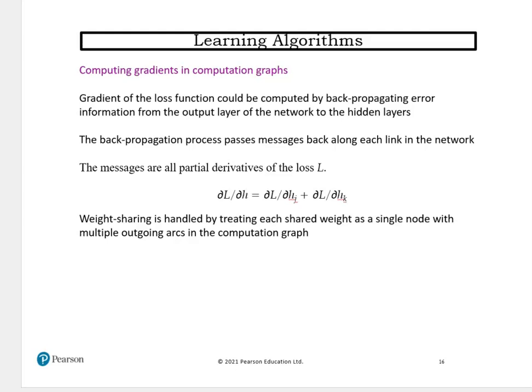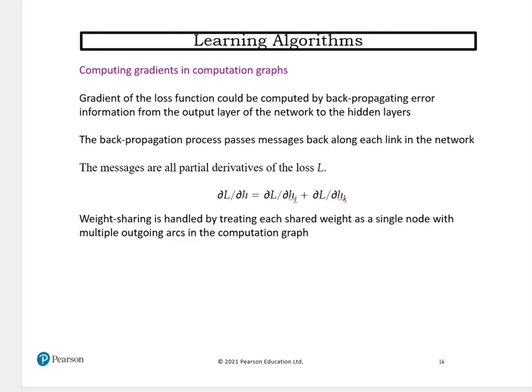So we used instead something called stochastic gradient descent, which is defined with respect to a mini batch of size m that's sampled randomly from the entire training set. We just calculate the gradient with respect to this random sample and then take a step.